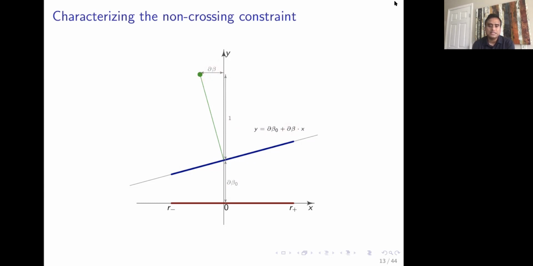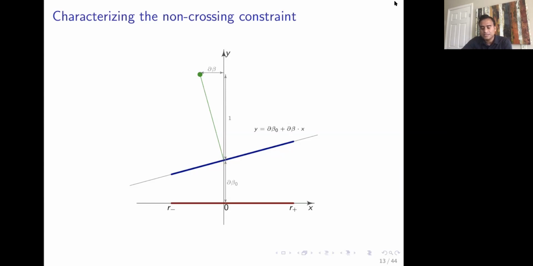In terms of the change in the intercept, any positive change will do. At least at 0, the blue line would be above the red line if the change in the intercept is positive. So we can do that. So what we would think about is fixing a shift at the center, and then just tilting the blue line.